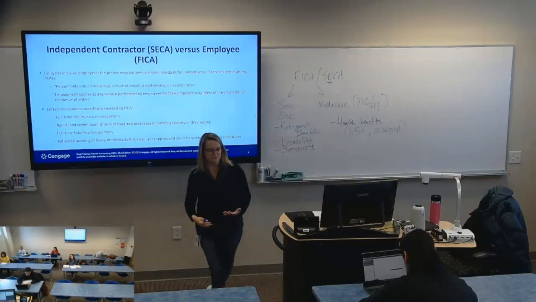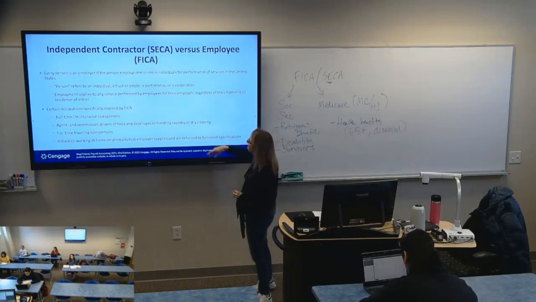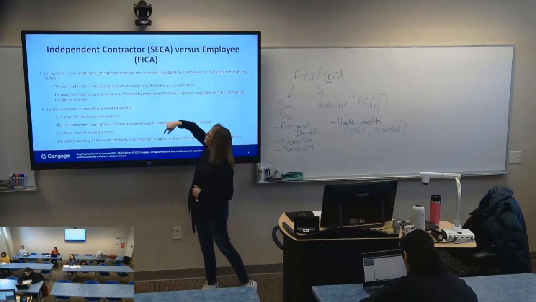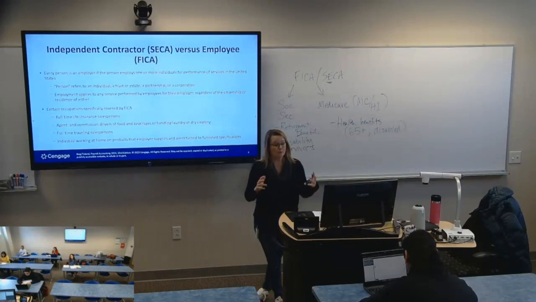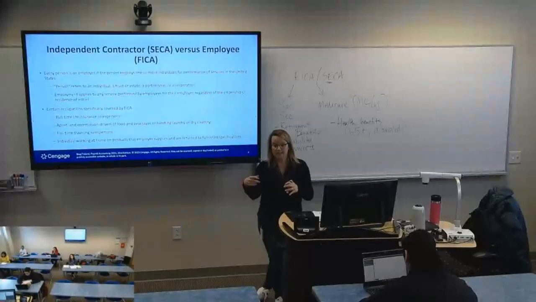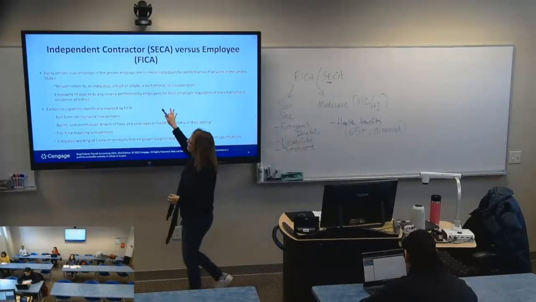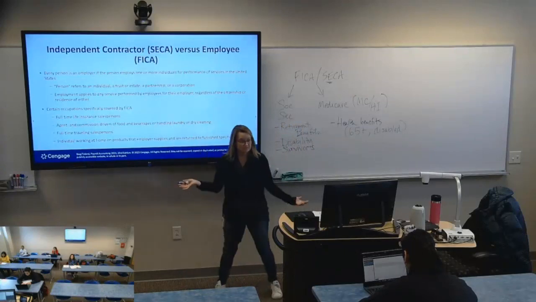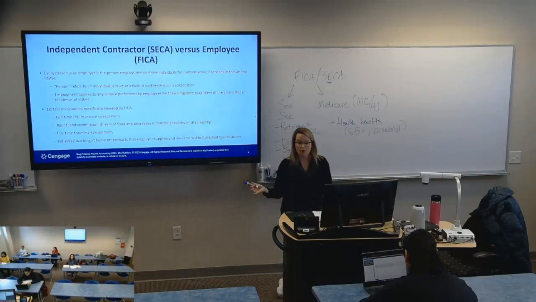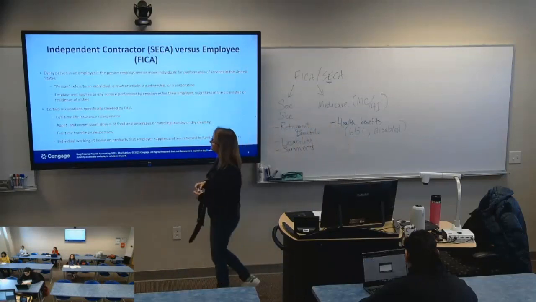If I do work for a trust or an estate, which happens, or if I work for a partnership, or if I work for a corporation, doesn't really matter who I work for. What matters is, am I performing work in exchange for that income? If I am, then it's going to be subject to these FICA taxes. Doesn't matter if you're a citizen, non-citizen, all earned income is subject to those FICA taxes.